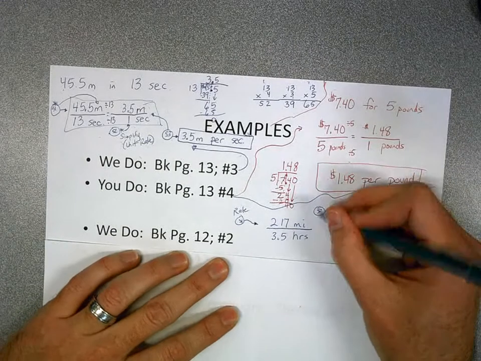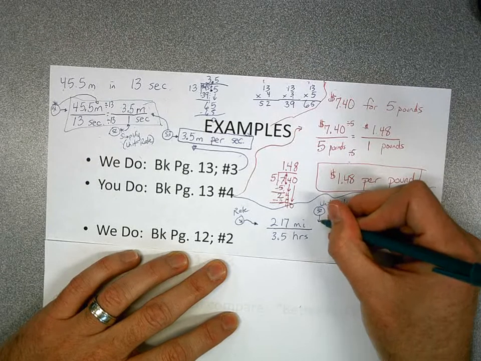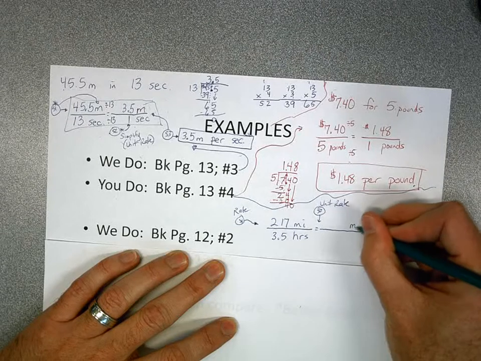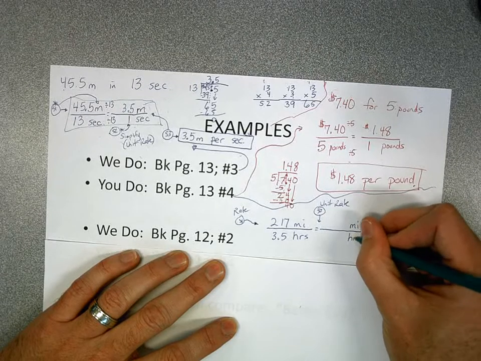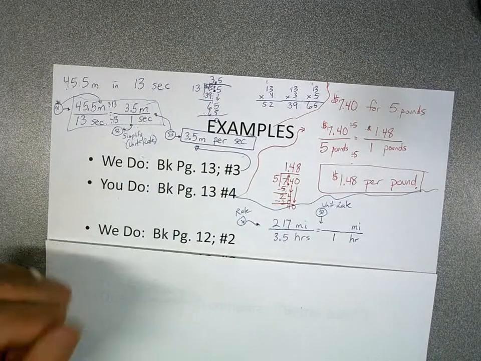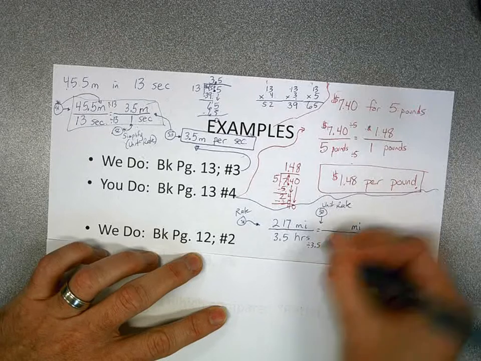Step 2 is we're going to find the unit rate. And we do that, of course, we keep miles on the top, hours, or in this case, hour, singular, on the bottom, because we're going to change it to 1. So here we go. I'm going to divide both top and bottom by 3.5.